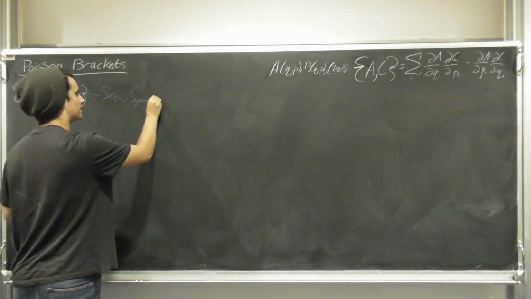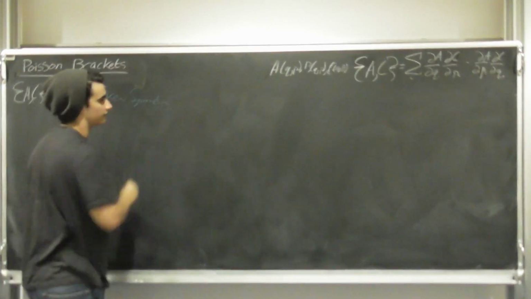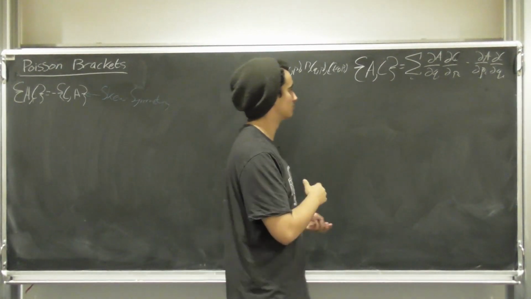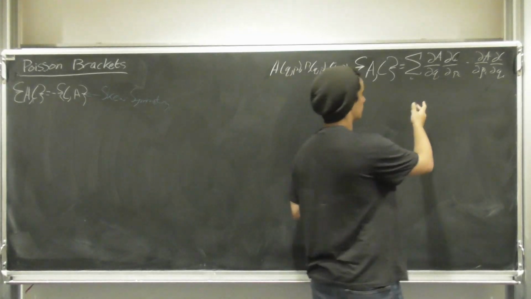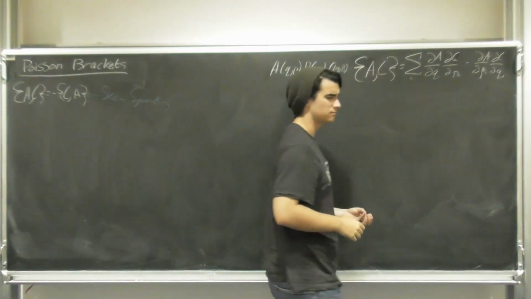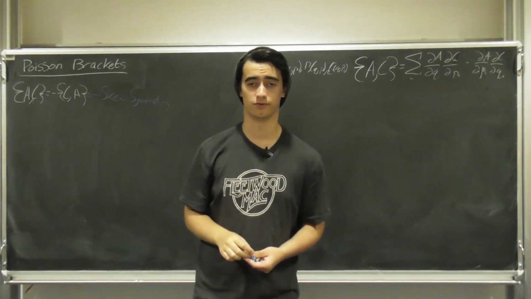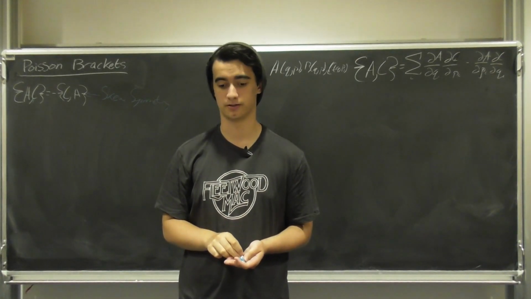You should be able to see that from our definition: if you swap these around, it is the same as putting a negative in front of the original Poisson bracket.